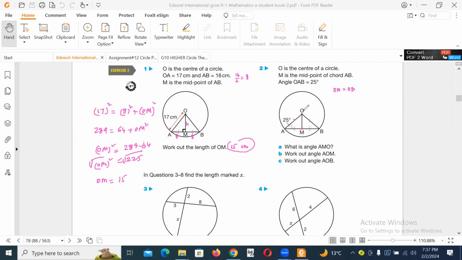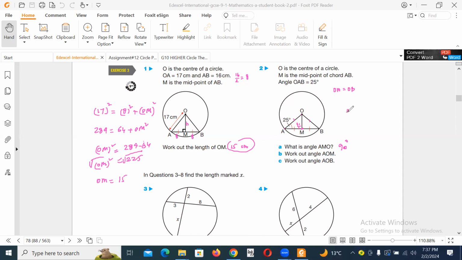That is easy. When we draw a line from O that comes perpendicularly to AB, the line OM is perpendicular to AB. That means it makes a 90-degree angle. So here your answer is 90 degrees. Next, work out the angle AOM. If this one is 90 and this one is 25, we can subtract from 180.